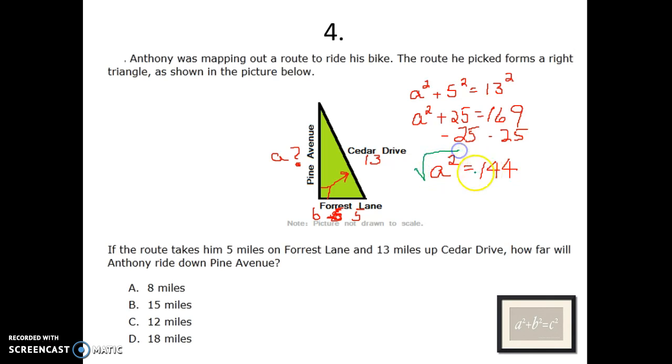I wanted to change the color to emphasize that. So A, when we take the square root of something that is squared, we get the thing. So A squared is just A. 144 square root, do that on your calculator real fast. It is 12. So as you can see, the answer to this one is C.